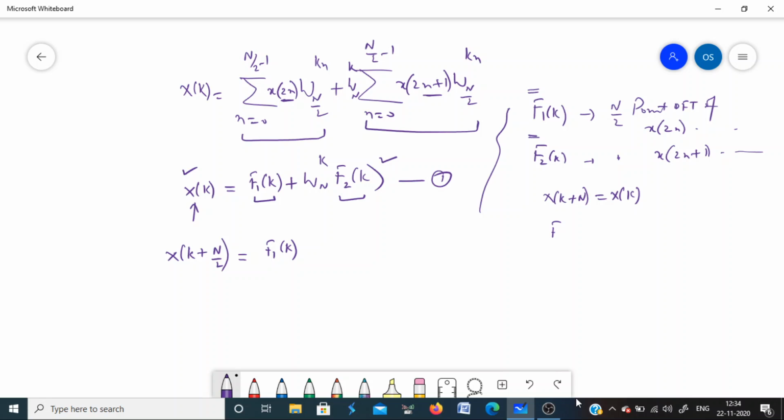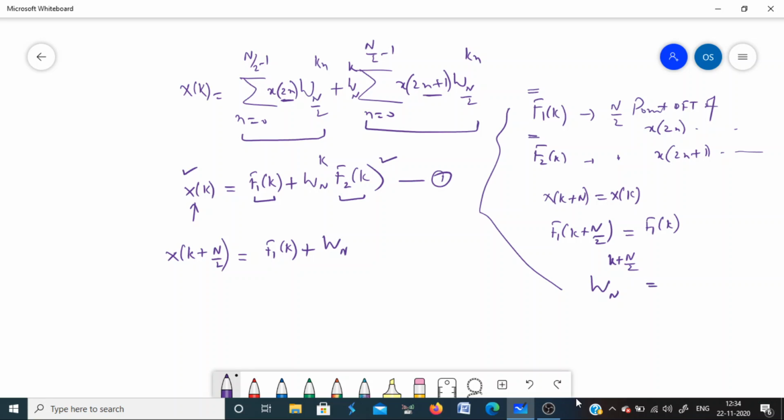Since F1k and F2k are N by 2 point DFTs, F1 of k plus N by 2 is equal to F1k, and similarly F2 of k plus N by 2 will be F2k, but W_N to the power k plus N by 2.